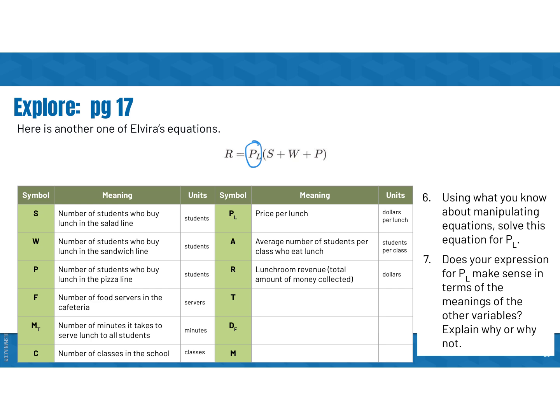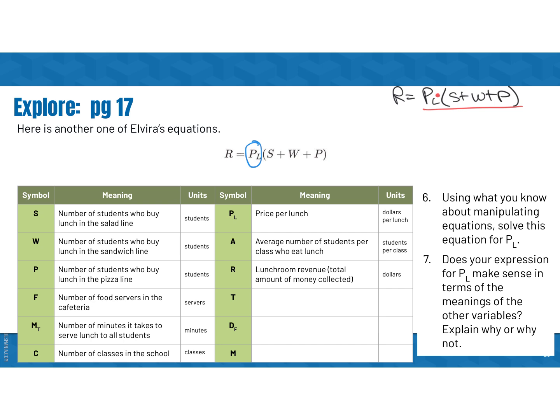All right, so I'm going to rewrite this. I'm going to have R equal P of L times S plus W plus P, right? And I know that these two are multiplying. So I'm going to divide by that whole group because I can't add S and P and W together. Right now, they're not all the same variable.